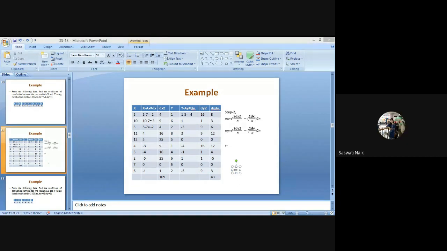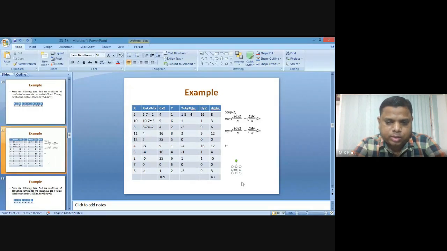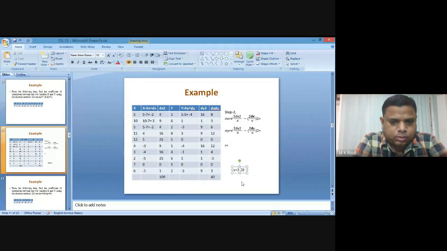Try to solve it quickly. The answer is 3.26. If you take the extreme value, that is 3.27 also. You can write 3.26. Is it clear to all?